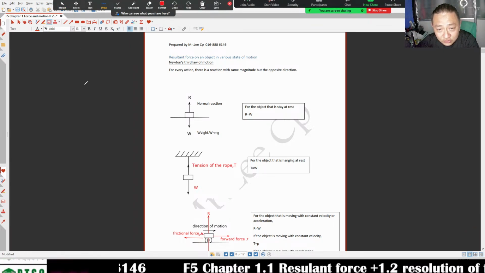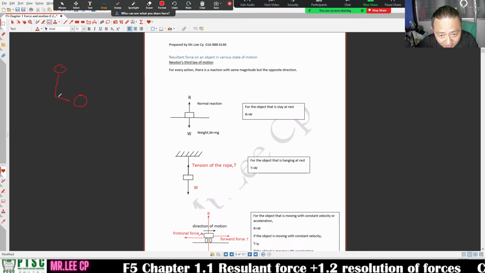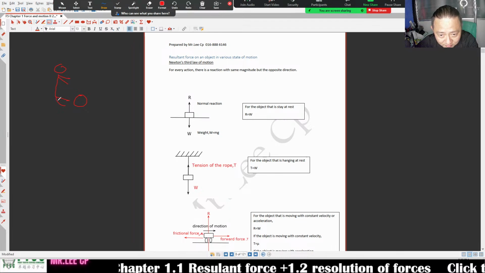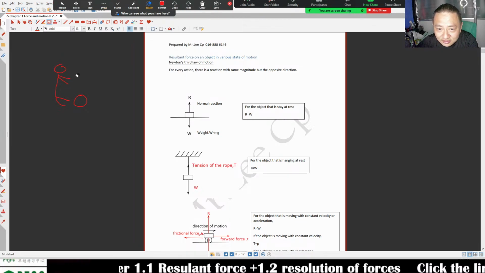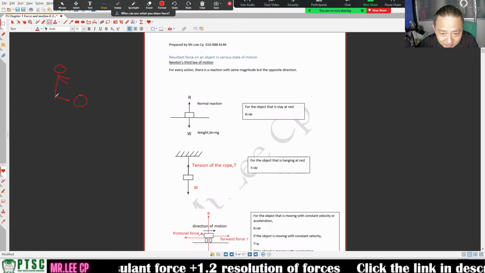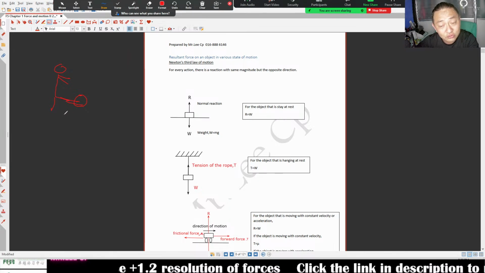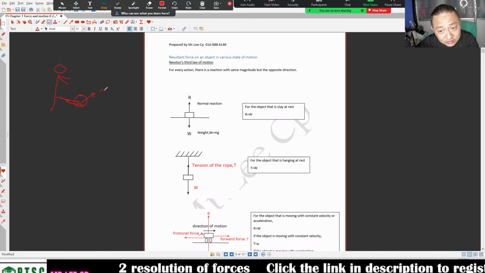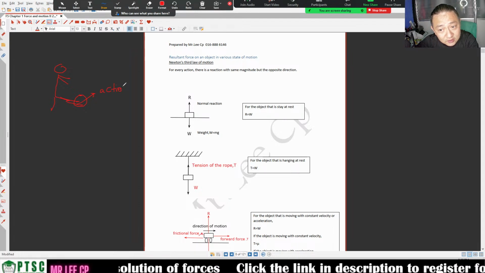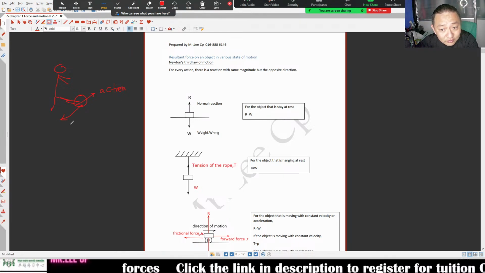This is a ball, this is a boy, and he goes and kicks the ball. I don't know how to draw a kick. When you kick the ball, you give one impulse. So this is called the action. And then the action will give you one reaction.